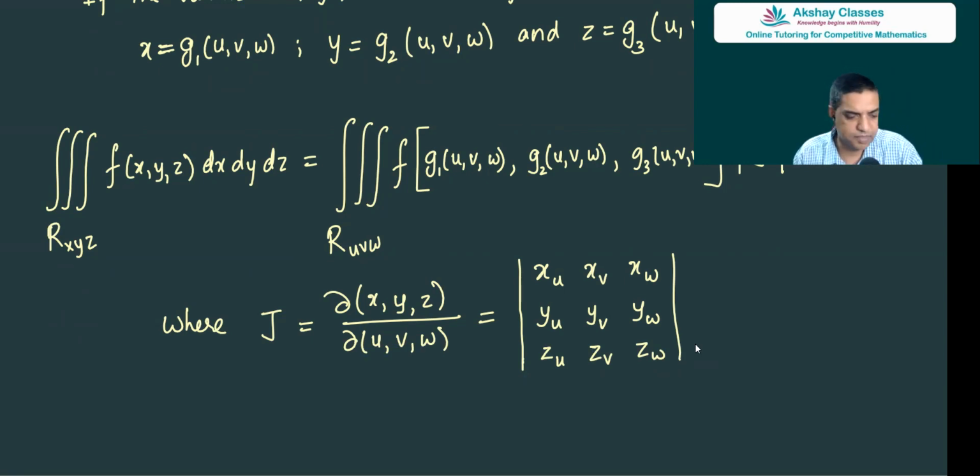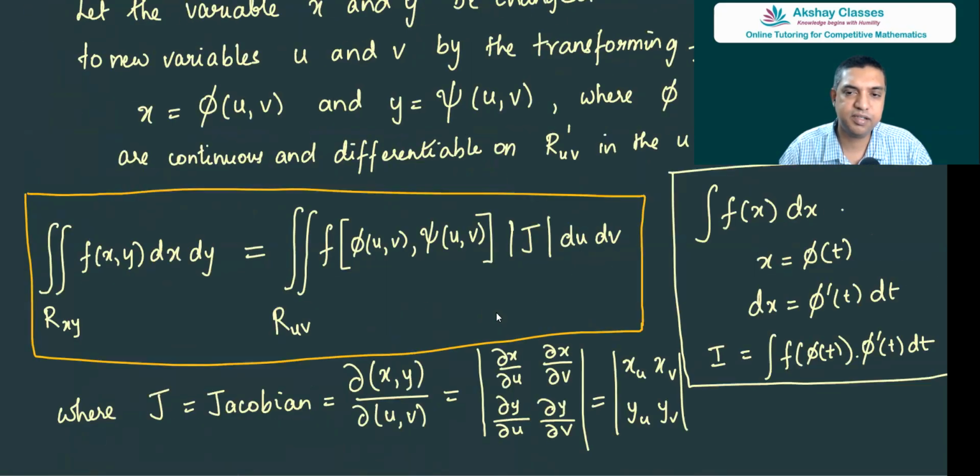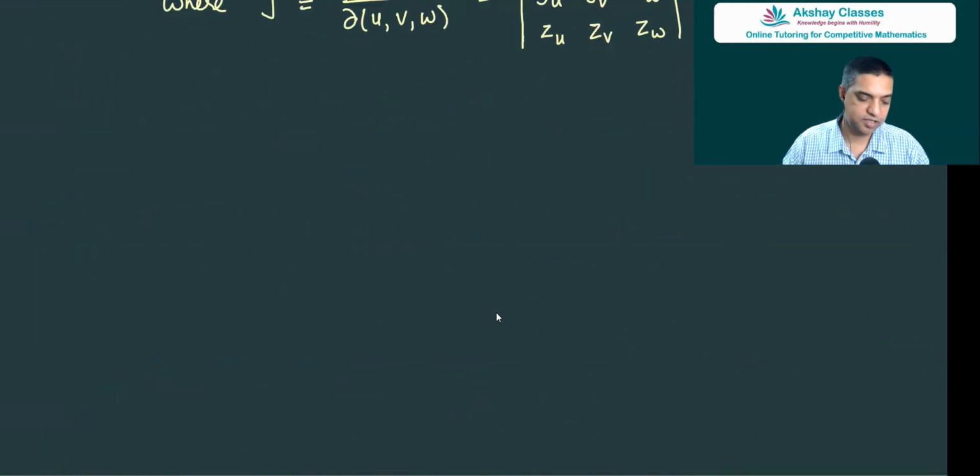Okay, so this is the change of variables and substitution. This is in triple integral, and this is in double integral. Some particular cases are conversion to polar form and cylindrical coordinates. These Jacobians are used in very complicated physics problems, or fluid mechanics or advanced mechanics of materials problems.